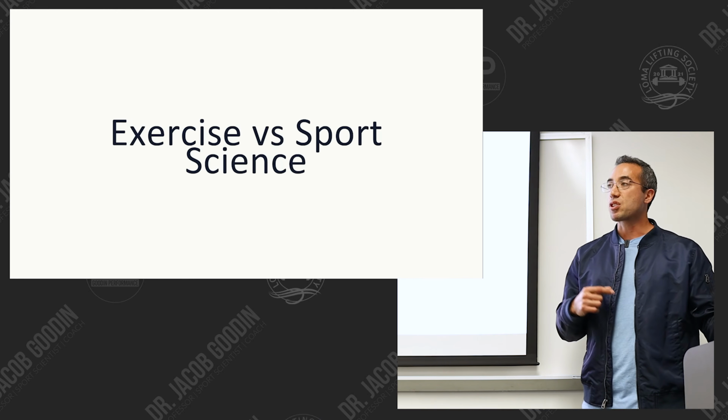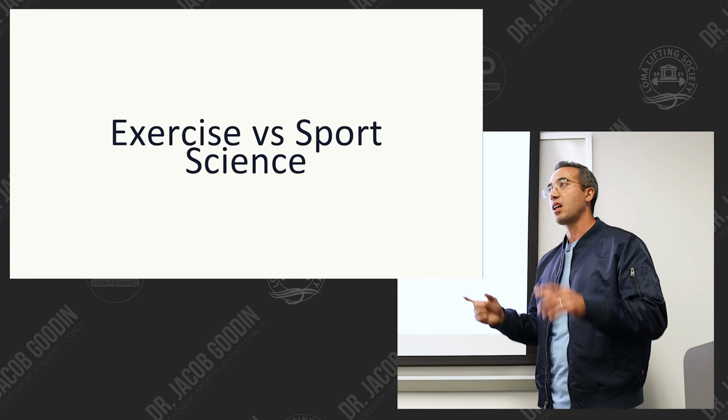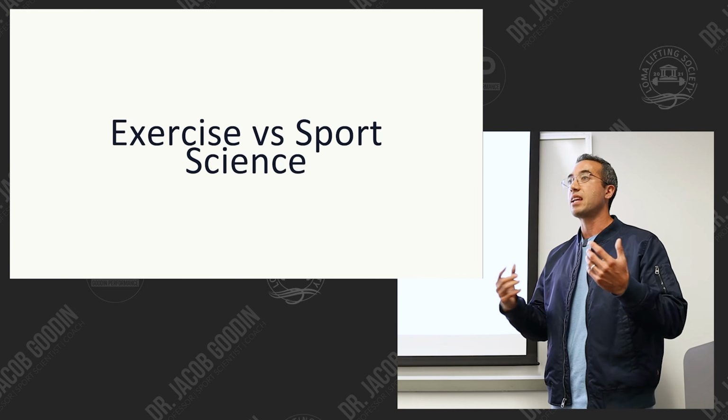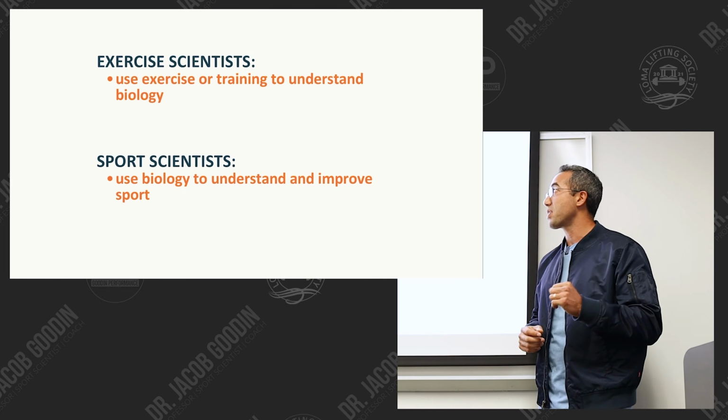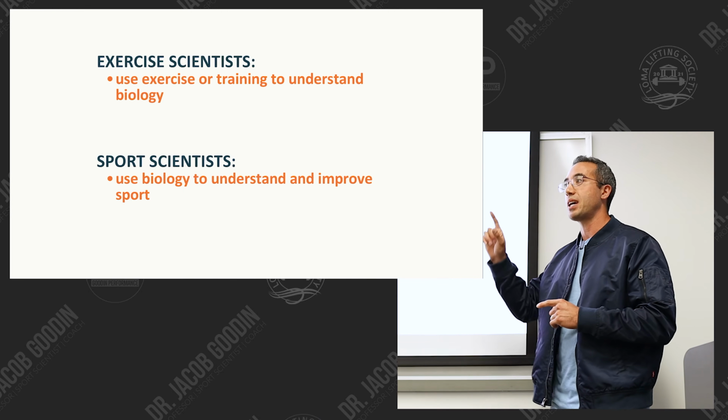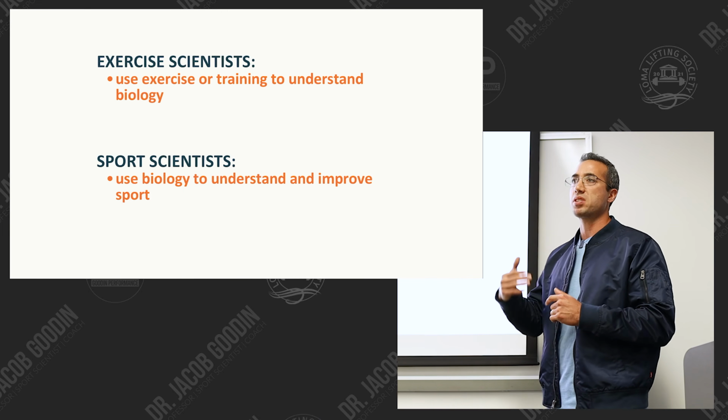So I think a lot of us are familiar with exercise science because a lot of us in our undergrad studied in an exercise science program. Exercise science uses exercise and training to further understand biology, and more specifically, physiology.